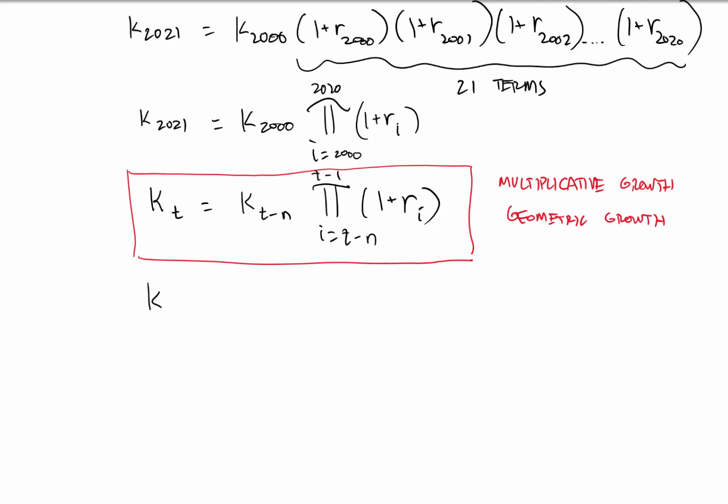So we could say K of T plus N, N years in the future, equals K now in this year, and if we had what these growth rates were, if we were prescient, if we could look forward and see what those growth rates would be, then we could have 1 plus R sub I, where I equals T up to T plus N minus 1.